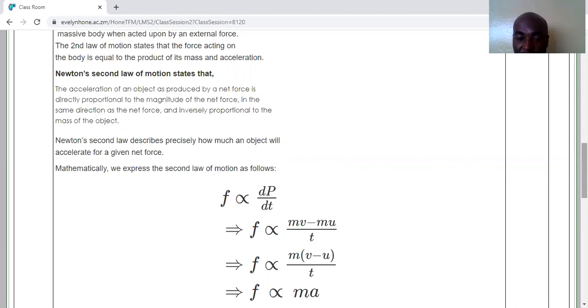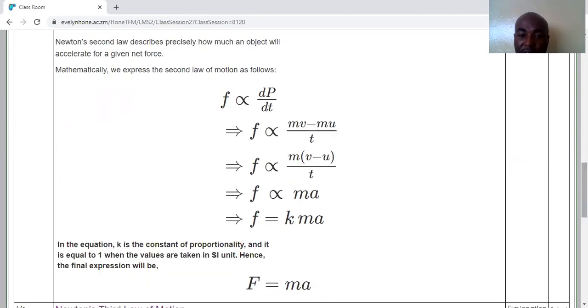Then when you solve this, you discover that the mass is common. So you factorize it: m times (v minus u) over t. You discover that v minus u over t is a. So F net is directly proportional to ma.